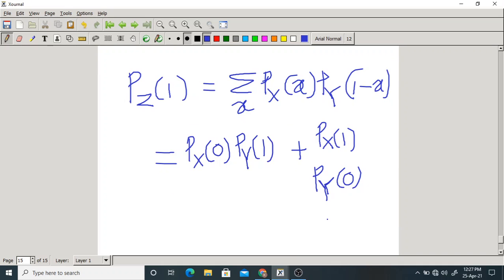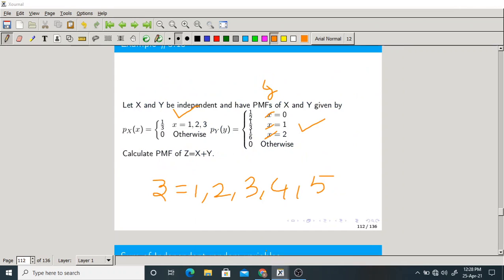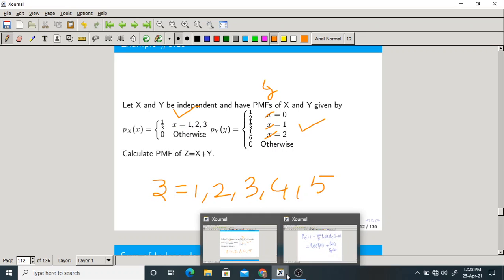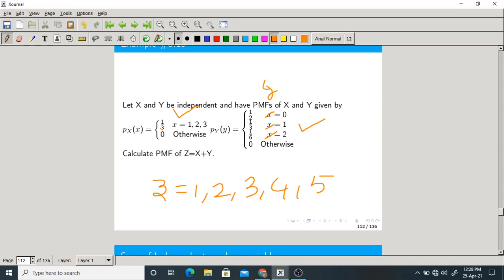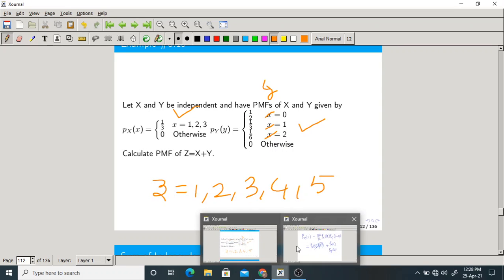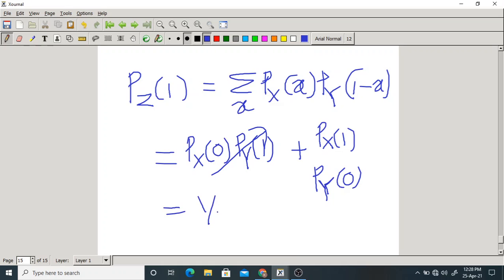If x is 2, 1 minus 2 is negative, so it is not required. We will calculate these two values only. P_X(0) is 0, since it is defined only for 1 to 3, so that term becomes 0. Only P_X(1) into P_Y(0) is non-zero: 1 by 3 into 1 by 2, that is 1 by 6.